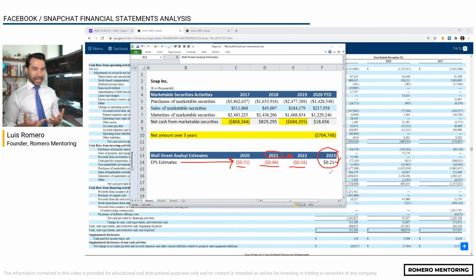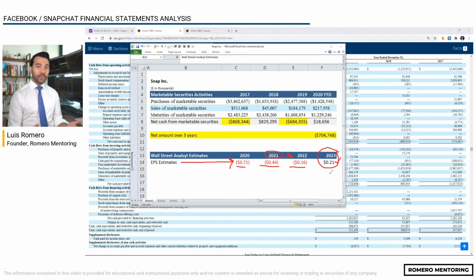But here's the thing that you need to understand with social media companies. Their main target audience, their main target demographic is who? Teenagers. Teenagers are susceptible to trends and fads. So 3 or 4 years from now, who knows if the teenagers that are using Snapchat are still going to be using it. Something new might come up.